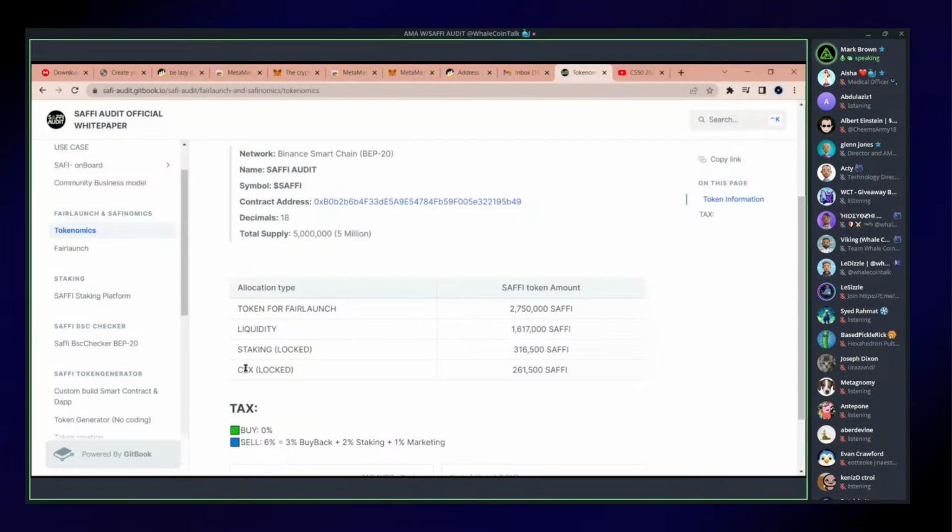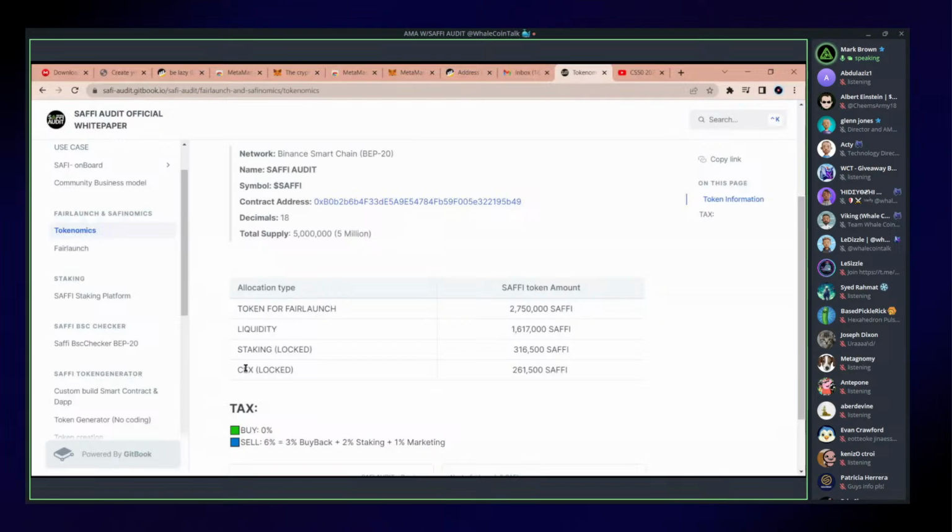It's going to be going on the launch, on both PancakeSwap and Coinsbit. This way, we're going to ensure that we're not only going to have the pair of SafeFi BNB, we can also have the pair of SafeFi USDT, because some people get more comfortable with the CEX than PancakeSwap, people who are looking for the stop loss and everything. So that's what the tokenomics is going to be about.